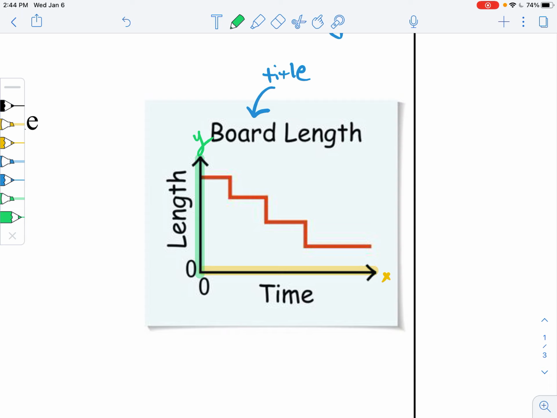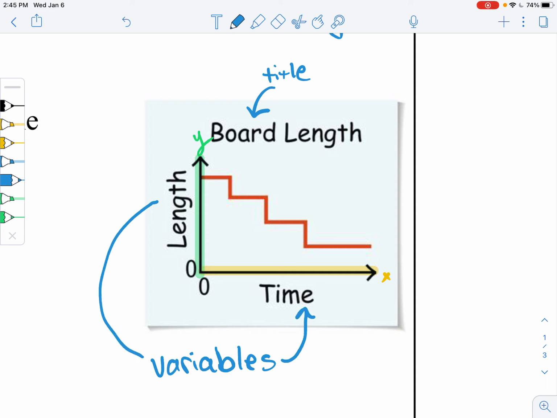And then instead of having x and y as our variables, we have two other variables. If we want to figure out what our variables are, we just look at the label on the axes. So our variables are time and length. So your axis is this guy right here, also that guy right there.